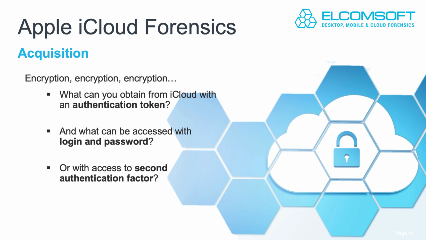Some 6 years ago, we learned how to use authentication tokens to access iCloud backups without a password. During the next years, we learned how to use authentication tokens to access other types of data stored in iCloud, including users' photo library, browsing history, contacts, calendars, and other information that Apple synchronizes across all of the user's devices that are signed into the same account.